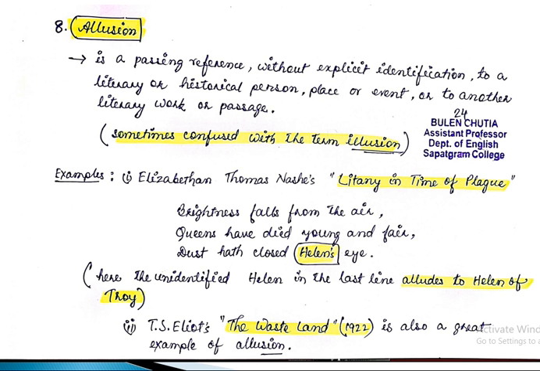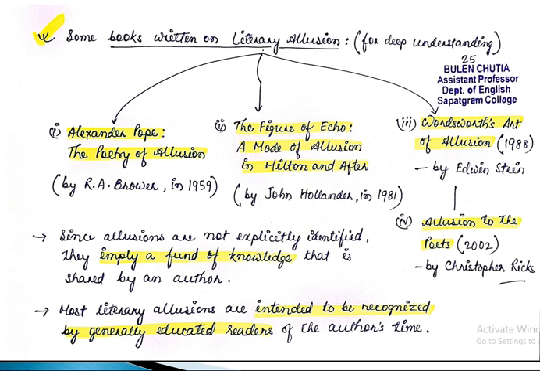Some books written on literary allusion for deep understanding I have mentioned here. It is not by me, but I have taken from A Glossary of Literary Terms by M.H. Abrams. Number one is by R.A. Brower, written in 1959. The title of the book is Alexander Pope, The Poetry of Allusion. You may go through that.